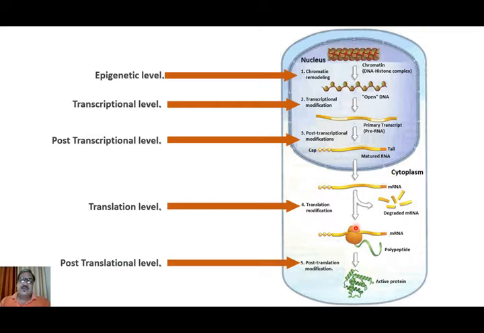Thus, in eukaryotes, gene regulation can take place at 5 levels. One is at the epigenetic level, second is at the transcriptional level, third is the post-transcriptional level, fourth is the translation level, and fifth is the post-translational level.